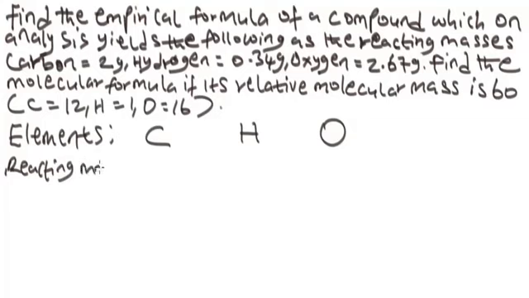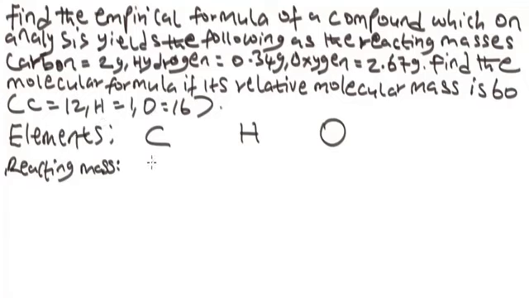Note that there are some questions that come with percent composition instead of reacting mass. In such a question, if you have percent composition, you write it here in place of the reacting mass. But since what we have is the reacting mass, we make use of the reacting mass.